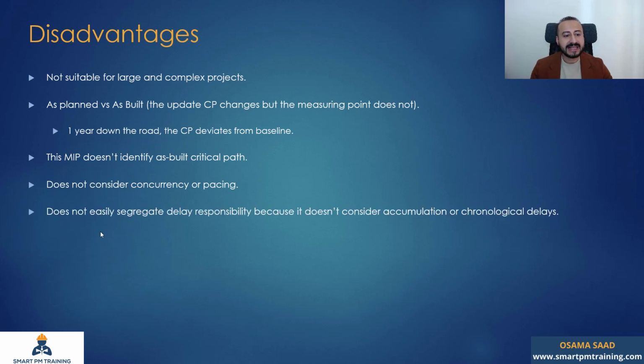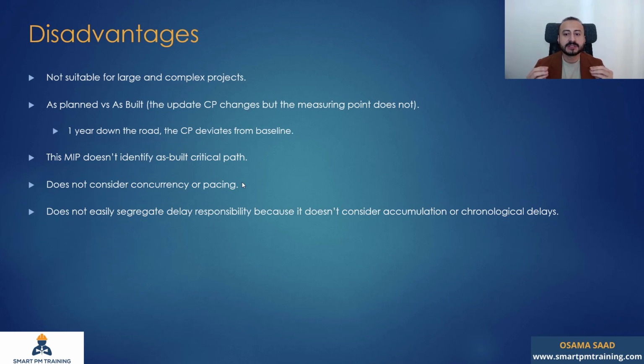It does not easily segregate delay responsibility because it doesn't consider accumulation or chronological delays. As I mentioned before, for one example, I have excavation, and we can see only the actual start and the actual finish, but we don't really know what happened in between, right?